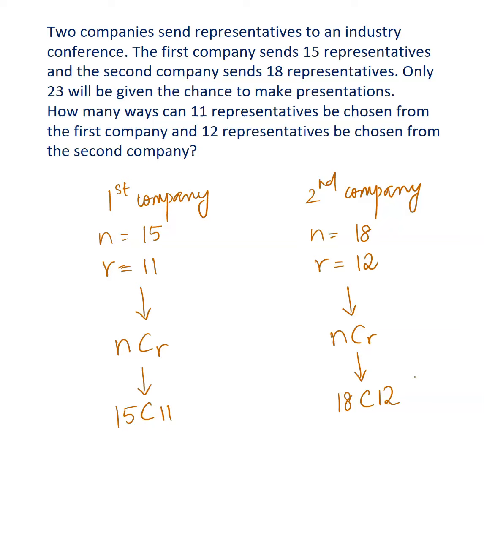So to find the total number of ways, we can use the fundamental counting principle, which says multiply. If you want the total number of possibilities, multiply the number of possibilities from the first process times the number of possibilities from the second process. So the fundamental counting principle says I'll multiply this first company's outcome times the second company's outcome.